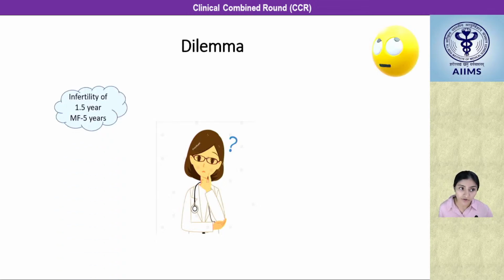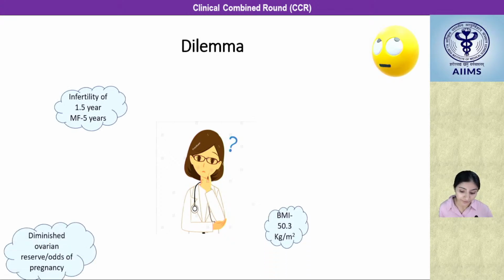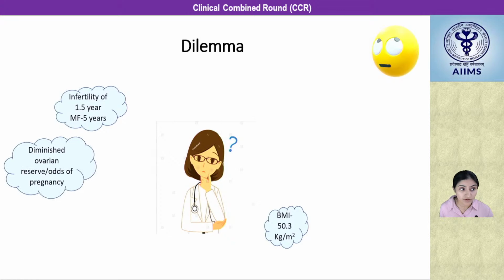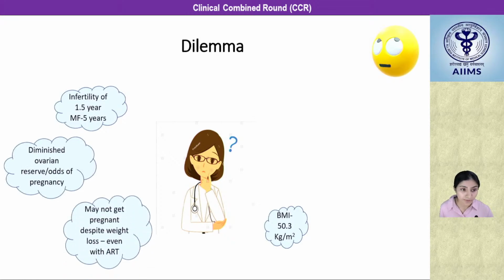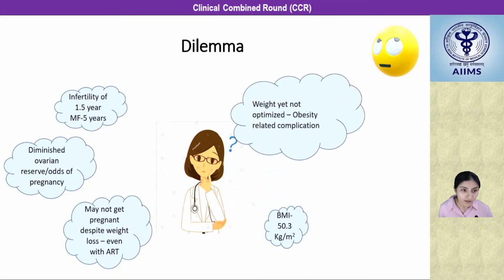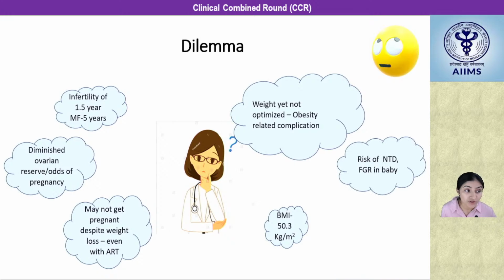There was infertility of 1.5 years, BMI of 50.3, and diminished ovarian reserve already, and there was a chance that the patient might not get pregnant again, even with the weight loss. And yet the weight in this pregnancy has not been optimized, and there might be complications associated with it. There is also risk of NTD and FGR in the baby. Only 3 case reports are available till now.